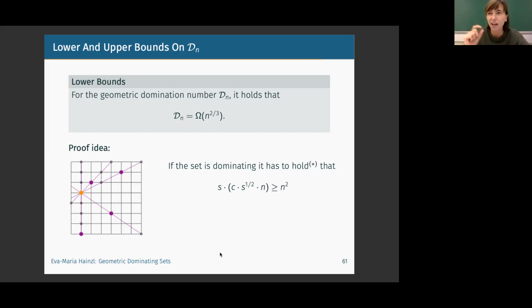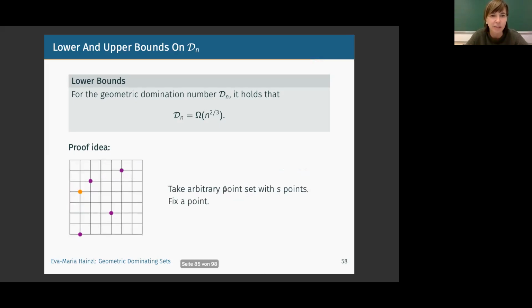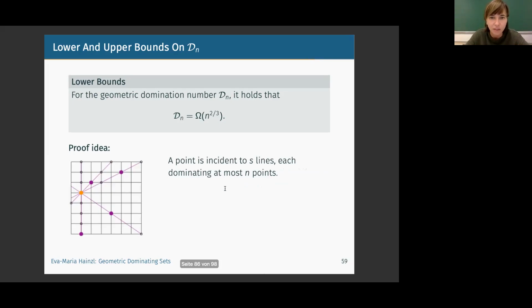And then you have a more refined counting argument, like this S here. Wait, let's go back to the proof. Yes, this S here, you can compute it. I actually forgot the asymptotics for it, but it's connected to these visible points.